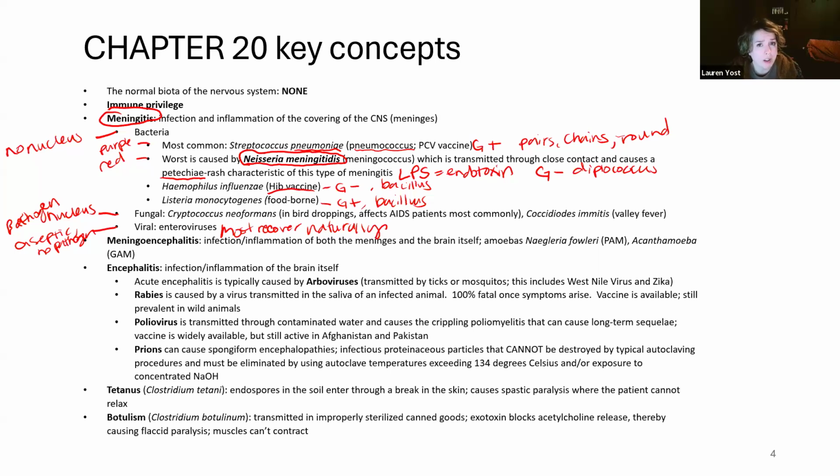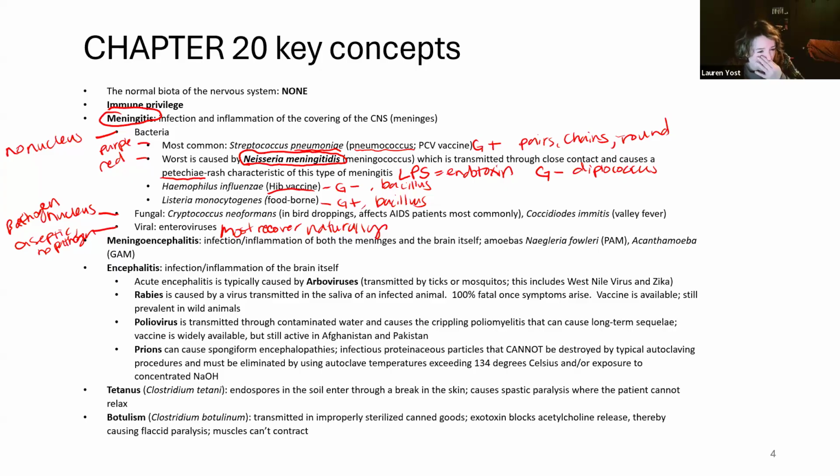Anytime you hear arbovirus, it is a virus transmitted by a biting insect. Most commonly mosquitoes, but if it's transmitted by a tick, it's still an arbovirus. Mosquitoes, biting flies like midges or tsetse flies.